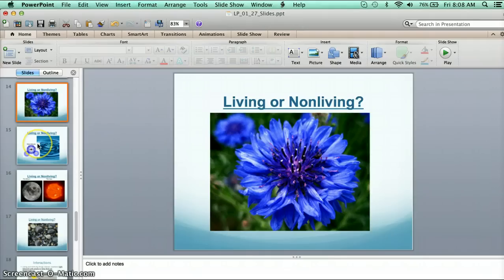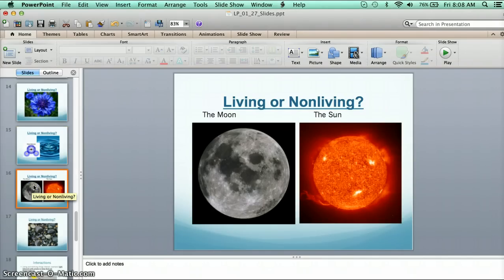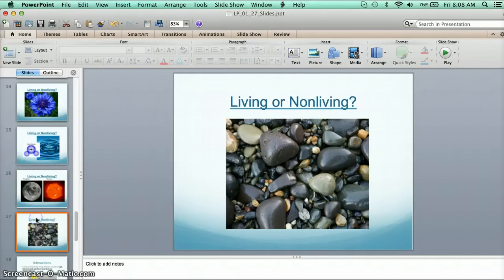Living or non-living? Okay, the next thing is water. So literally a water molecule and water as a whole. Is it living or non-living? Okay, the next thing, the moon and the sun, living or non-living? And the last thing are these rocks, living or non-living?